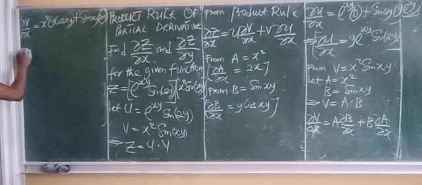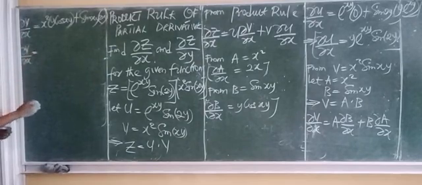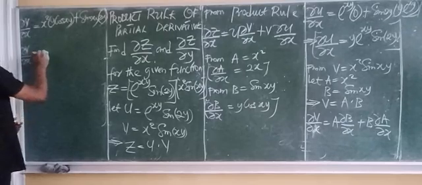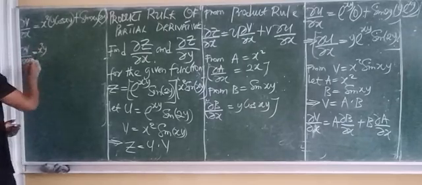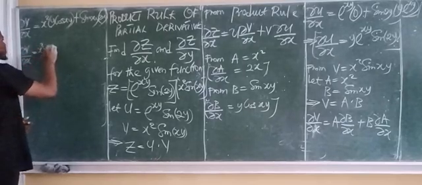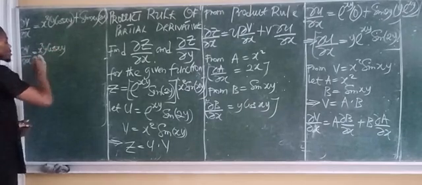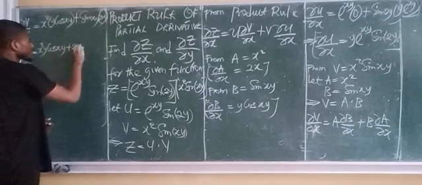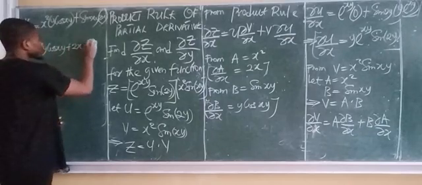So which means the partial derivative of v with respect to x itself is now equal to x squared y cos xy, plus 2x sine xy.